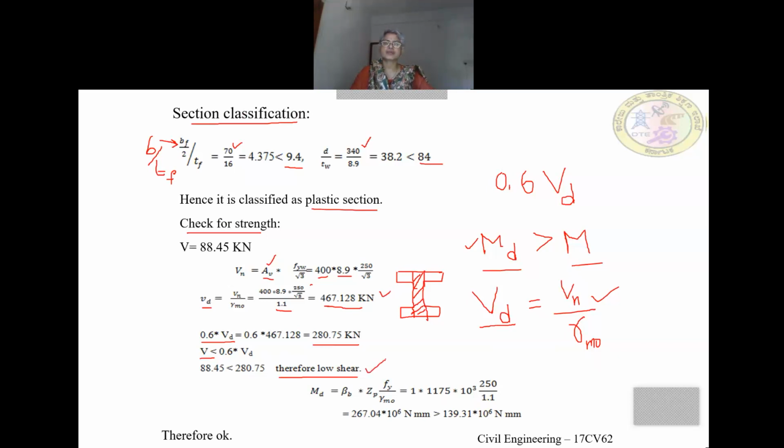So if it is a beam of low shear, we have a formula for Md from the code book. So beta b into Zp into Fy divided by gamma m0. So beta b value is taken as 1 because it is a plastic section, into 1175 is Zp, which is taken. You have to consider this for the section whatever you have chosen.